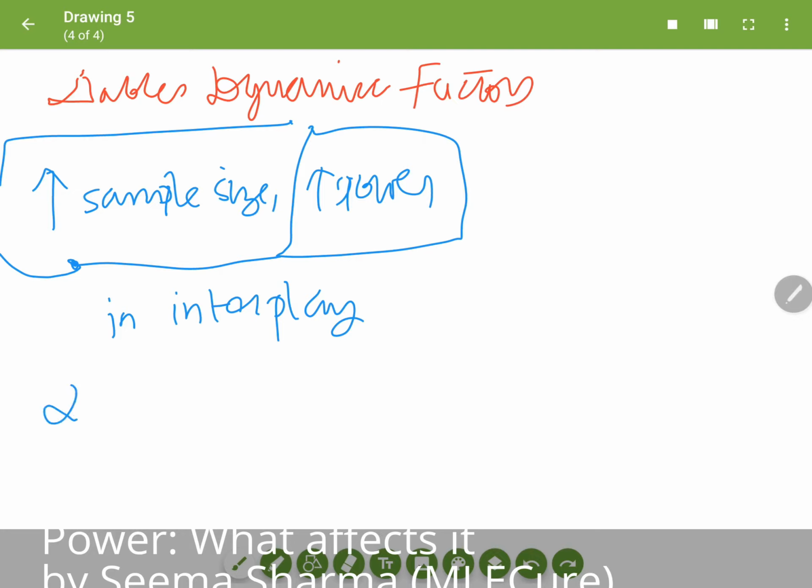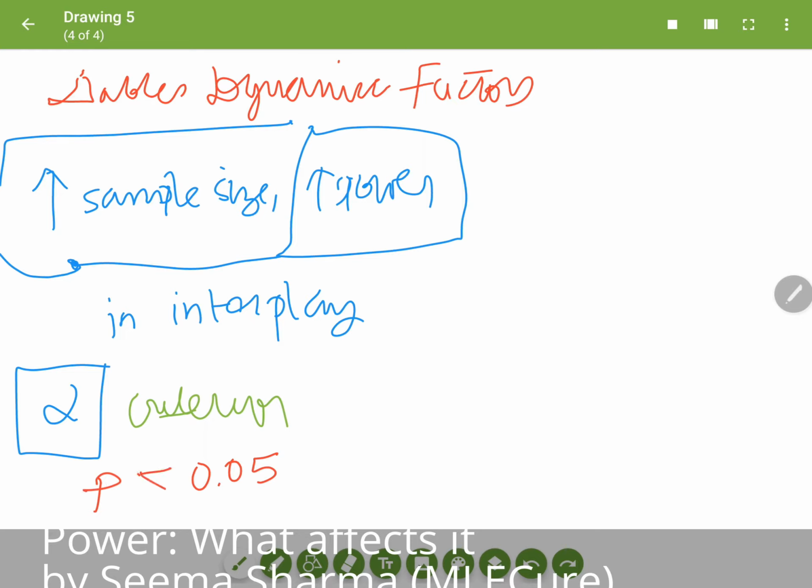When I tell you about alpha, alpha is a criterion, and we commonly use 0.05 as our criterion for clinical studies. So for a clinical study to be acceptable to us, we say that the P should be less than 0.05. And if P is less than 0.01, we really like that.